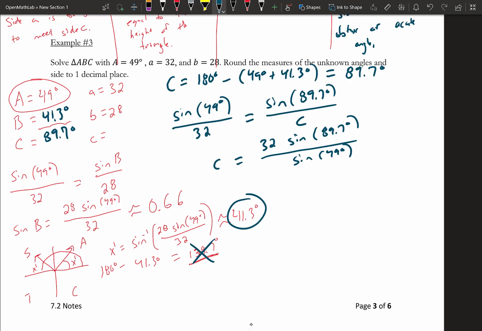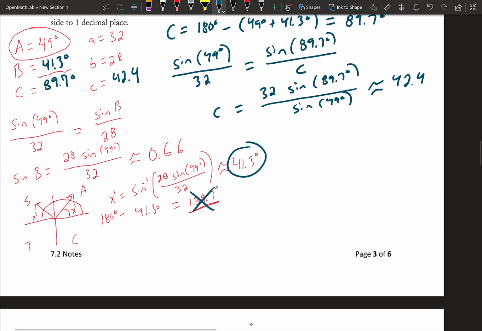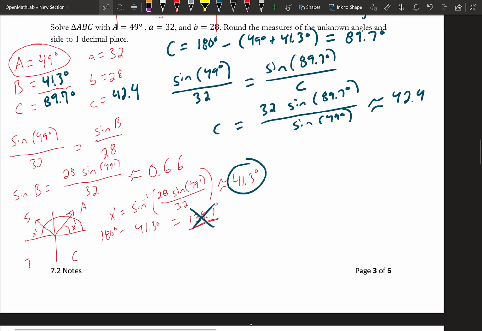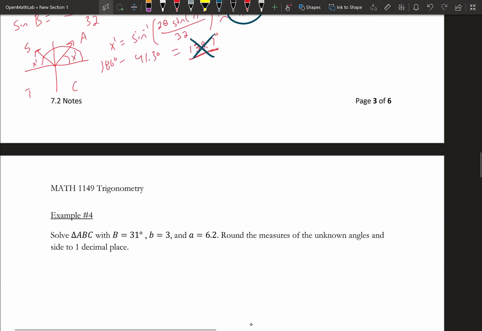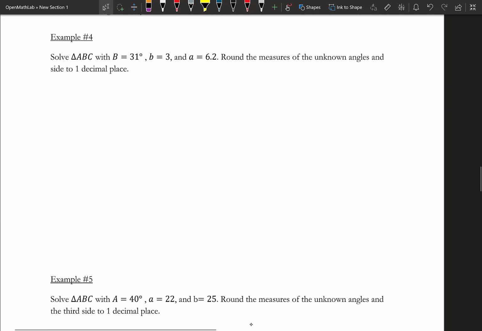So that's approximately 42.4. So I solved the triangle. I found all of the angle measurements and all of the side lengths. So we have another one to try.